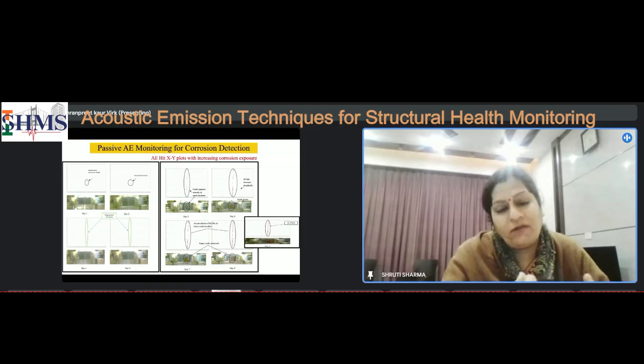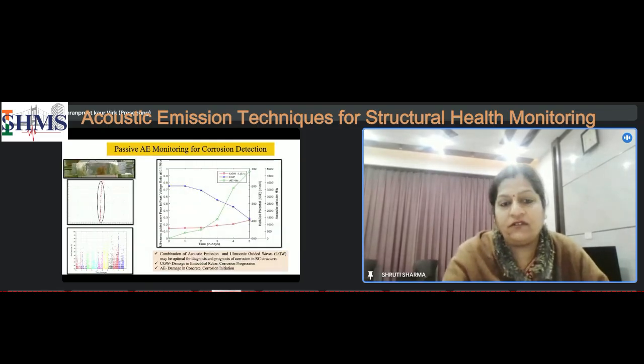The next slide. So when we plotted the cumulative AE hits, this right hand side graph shows the comparison for only 5 days. Up to 5 days, what's the scenario? The red line is the ultrasonic voltage, neither rising nor falling. HCP means half cell potential measurements. Definitely, when the corrosion starts, there is a fall in the potential. But this is a very qualitative parameter.